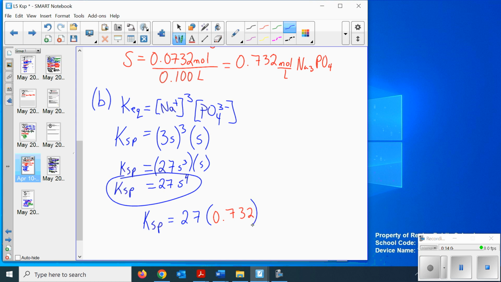I do not use my units, just like in a pure equilibrium calculation. It's to the power of 4. I want you guys to check out on your calculator. Different brands do it differently. You might have a y to the x button, you might have an arrow up kind of exponent button, different brands, different ways. I'm going to wait, see what you guys get. We're getting 7.75.